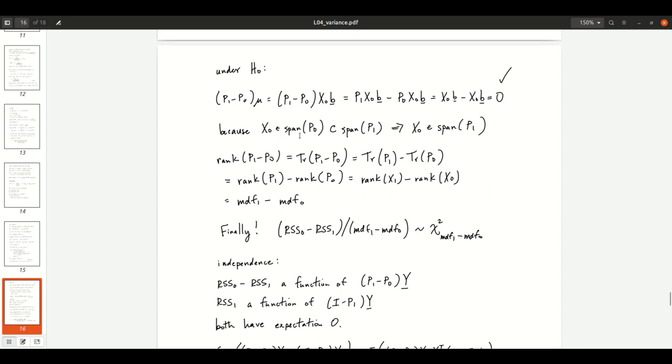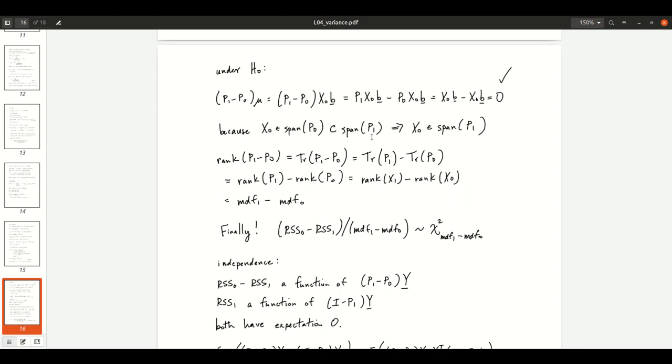We also know that the span of P0 is a subspace of the span of P1 because P1 was constructed from the full design matrix, which contains the columns of X0.